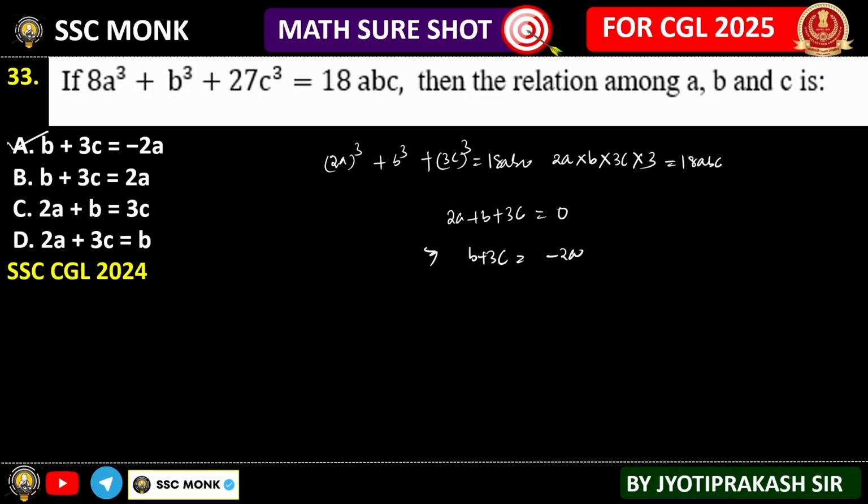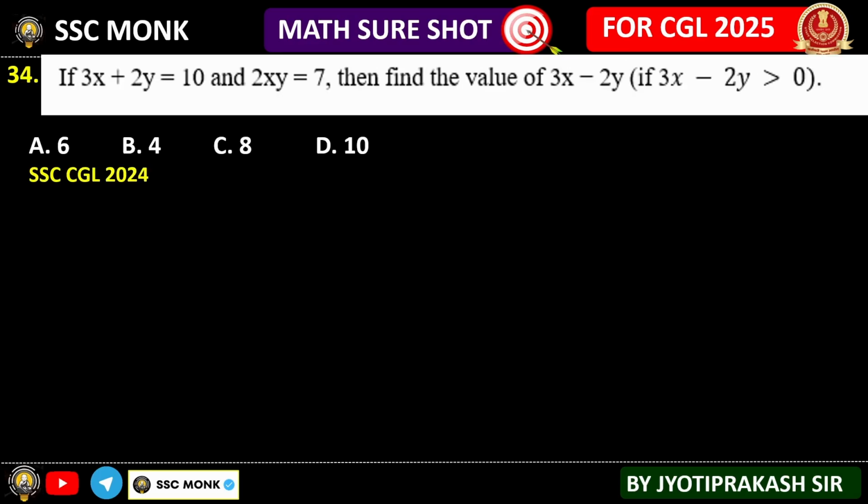Answer option A. Next, 3x plus 2y is equal to 10, 2xy is equal to 7. Then find the value of 3x minus 2y. (3x minus 2y) whole square can be written as (3x plus 2y) whole square minus 4 into ab, that is 3x into 2y, that is equal to 6xy.